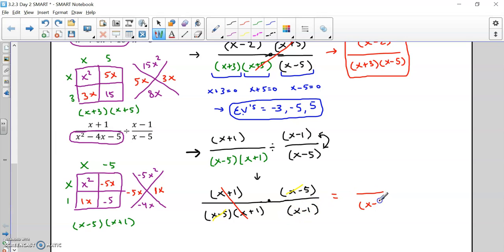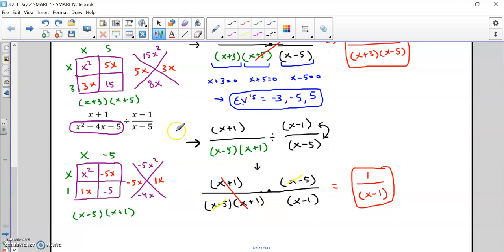That's the only thing left down there. And I'm left with nothing on the top. So the thing is, if you're left with nothing on one of the sides of the fraction, particularly the top, you just have to put a 1 there. That's your placeholder, because there's always an imaginary 1 chilling up there. Okay, and that is my final simplified answer to the division.